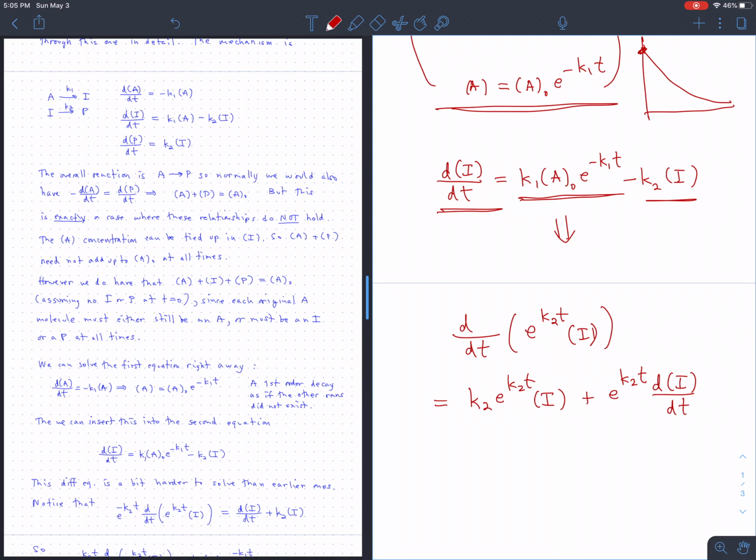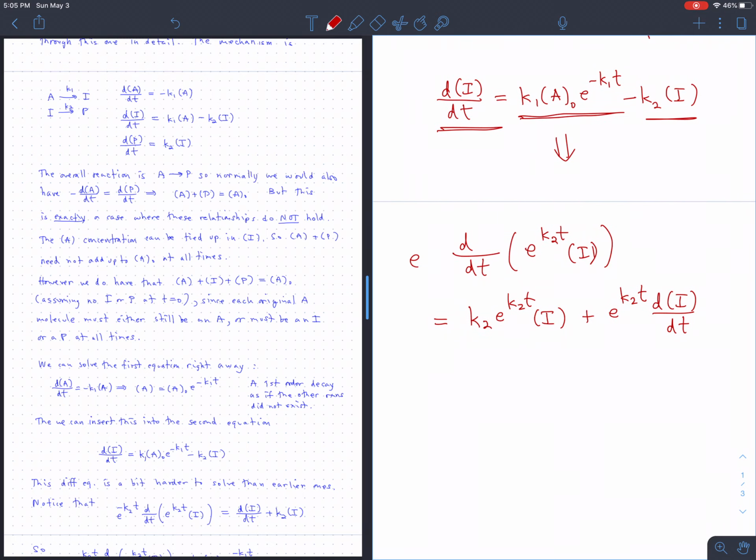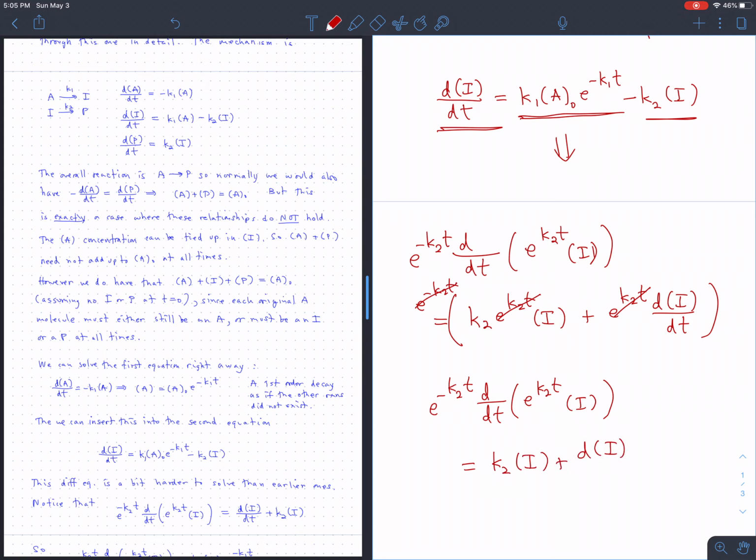And now if I multiply everything on both sides by e to the minus K2t, then this cancels with that, and I get that e to the minus K2t times the time derivative of e to the K2t times I is equal to K2 times I plus dI dt.